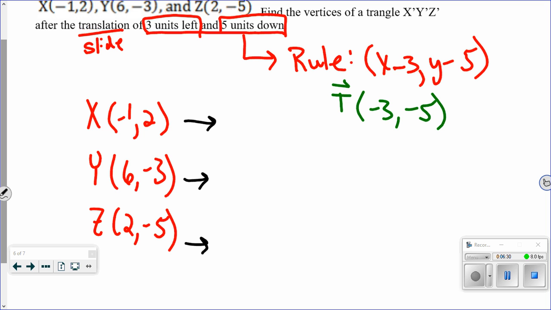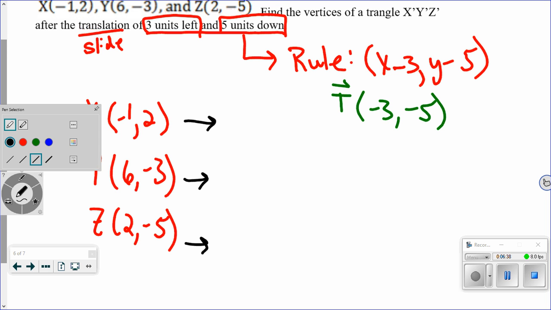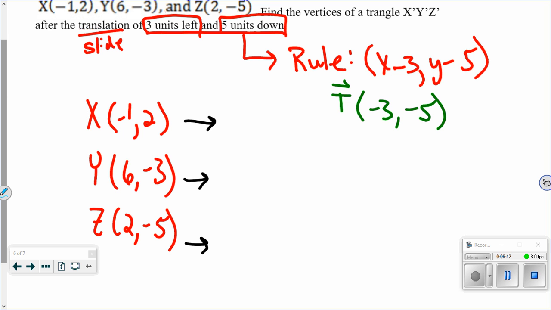Left is negative, so hopefully we're aware that that's making it smaller. So x minus 3 is telling us to subtract 3 from all the x values.